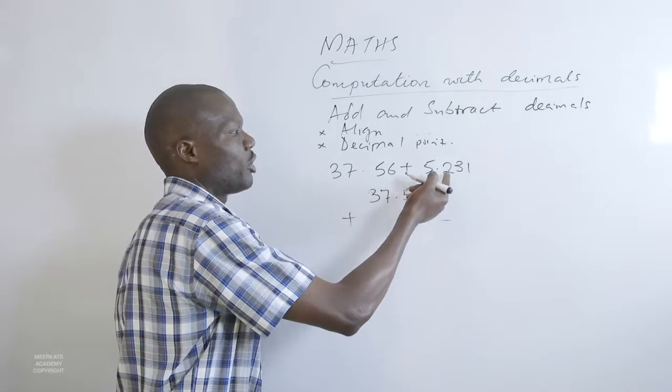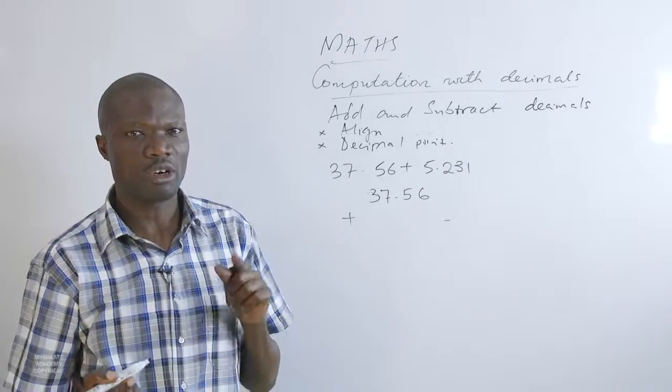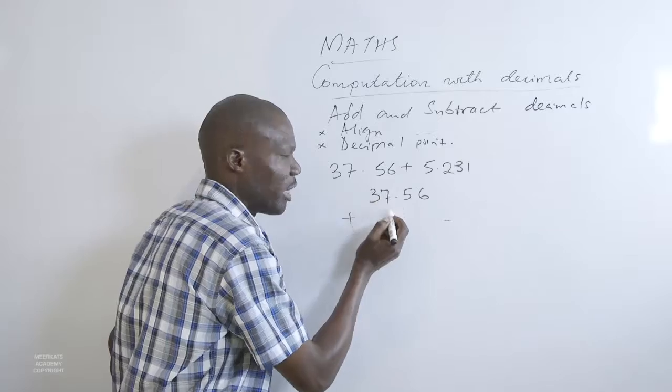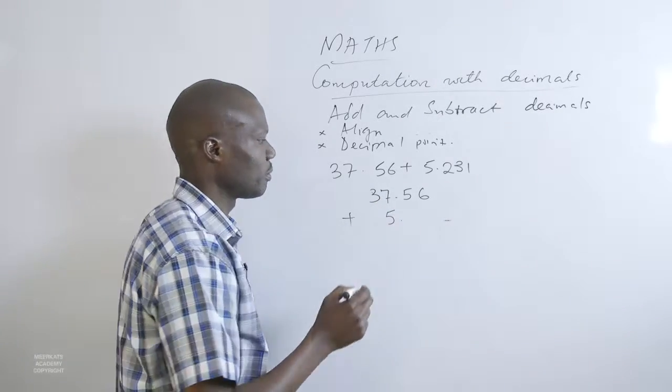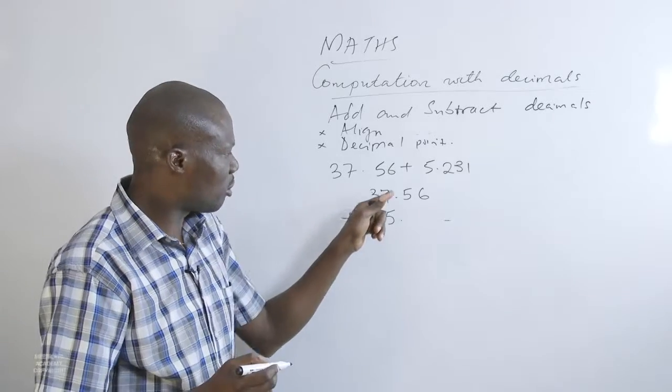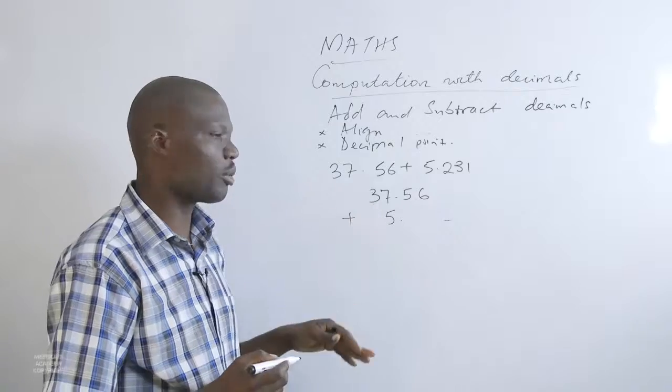Therefore, in 5.231, 5 falls in the column of units, so it will be directly below 7. Then the decimal point should be aligned right below the other one.